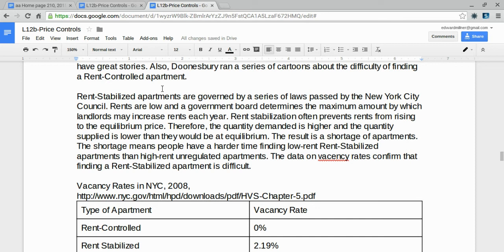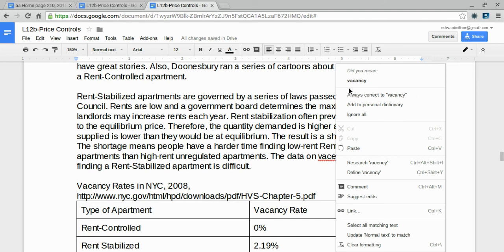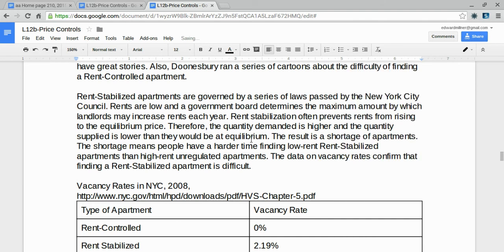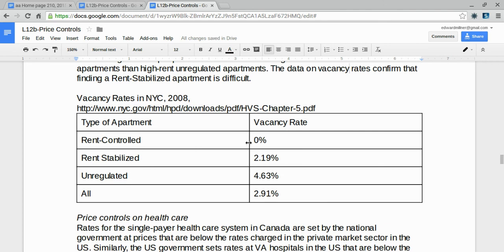The shortage means that people have a harder time finding low-rent, rent-stabilized apartments than high-rent, unregulated apartments. The data on vacancy rates confirms that finding a rent-stabilized apartment is difficult. Here's data from 2008. The vacancy rate for rent-controlled, as I noted above, is 0%.